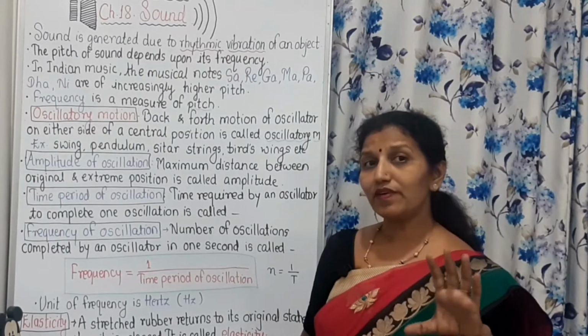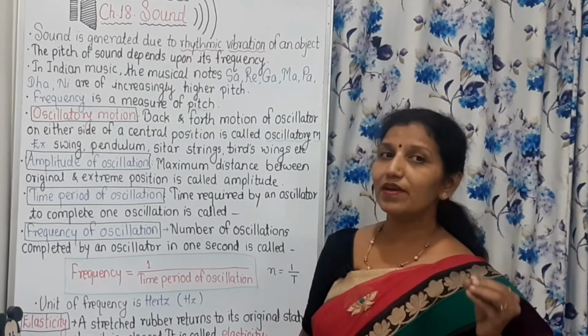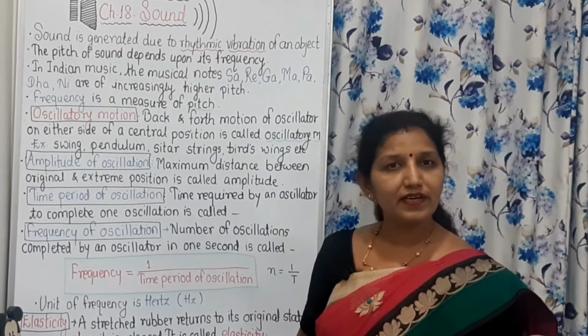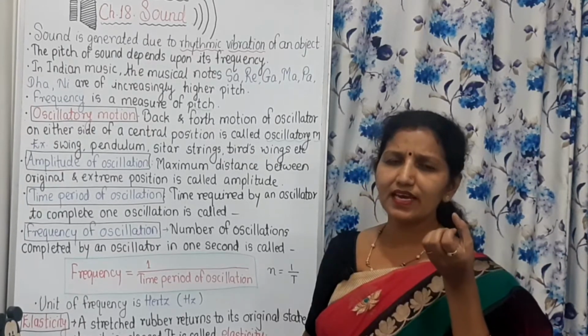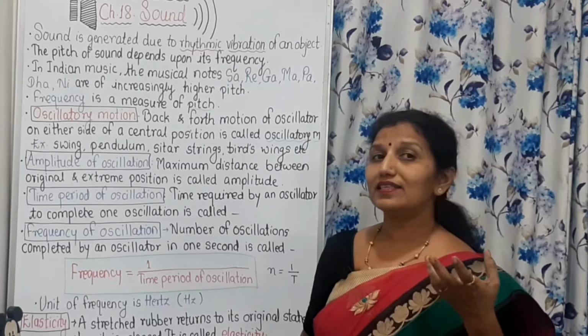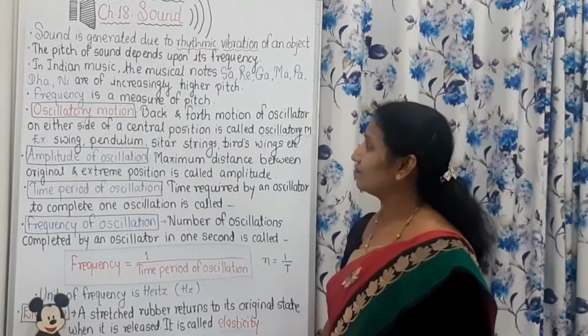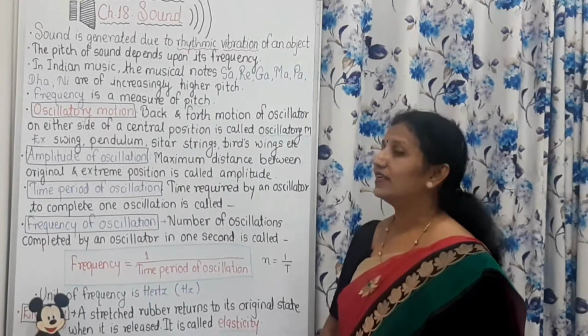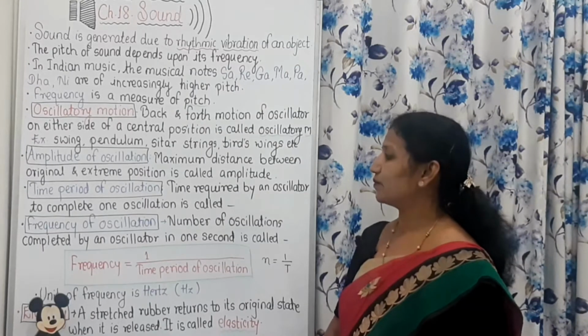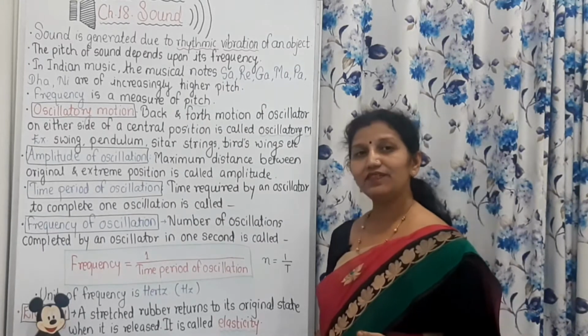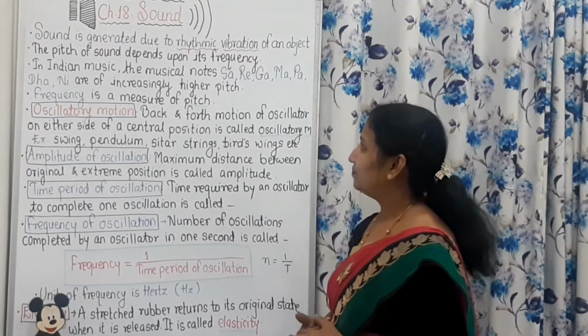There are no doubt vibrations, but some vibrations can be felt by us and some vibrations are very low and that's why we cannot feel them. Sound is generated due to rhythmic vibration of an object, that we have just studied.